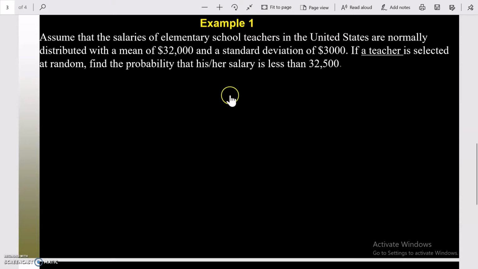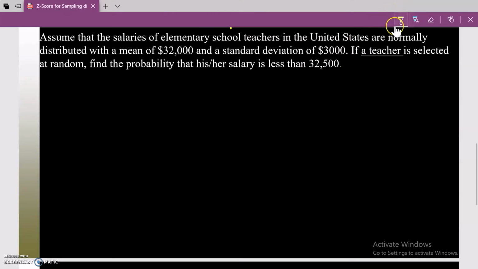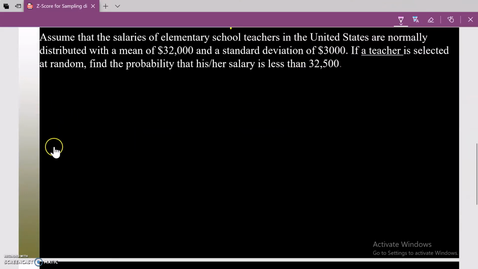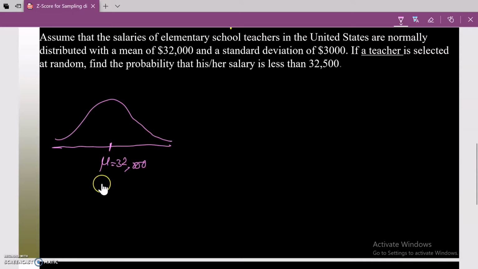Let's draw a bell-shaped curve. Exactly in the middle, write the mean value, that is 32,000, and also indicate the standard deviation, which is 3,000.